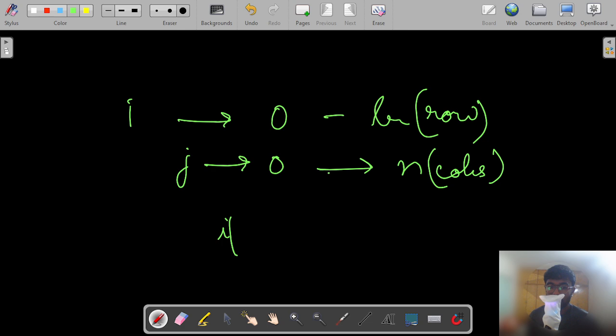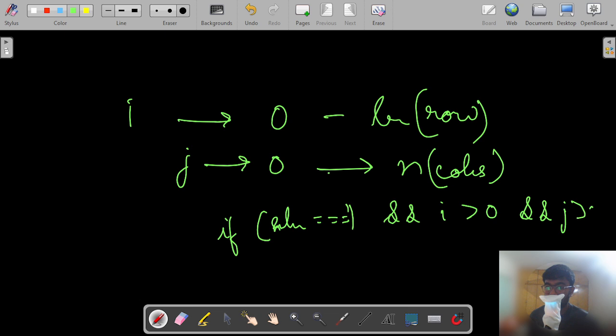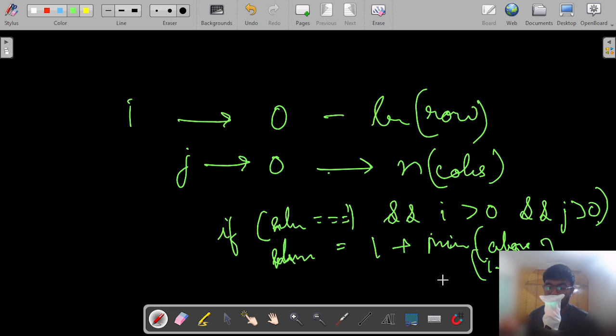We can compute, if the specific element that we are looking at is equal to 1, and i is greater than 0 and j is greater than 0, and the element has a minimum value above, that is i minus 1 with j, the previous row, and also the left value, which is i and j minus 1.